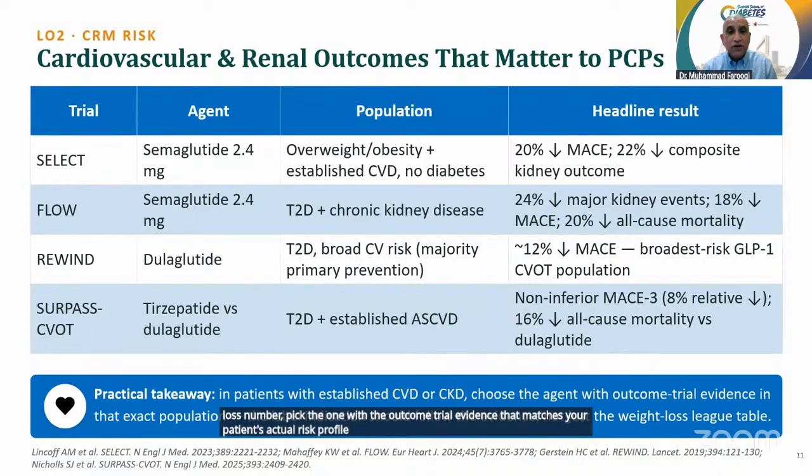A patient with chronic kidney disease deserves the FLOW evidence base, as you can see, whereas a patient with established atherosclerotic cardiovascular disease deserves either the SELECT or SURPASS CVOT evidence base. So this is the data that will help you choose which agent works best for your patient.